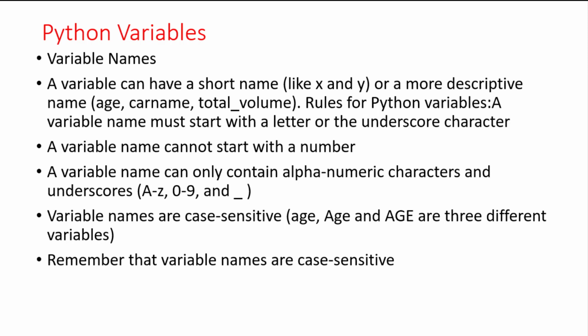It should start with a letter or underscore. It cannot start with a number, but you can have numbers in between, just not at the beginning of the name of any variable. It can contain alphanumeric characters. As I said, you can use any alphabet, any numeric and underscores as well.